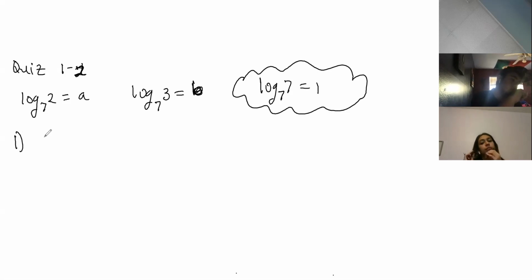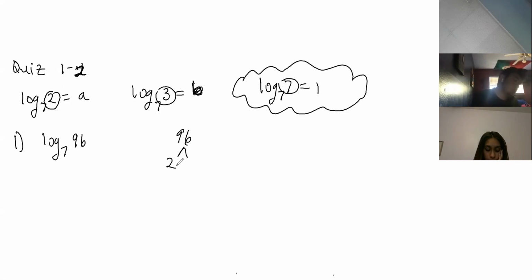So number 1 is log base 7 of 96. What I would do is break the 96 down and see if you can get it to use multiples of 2, 3, and or 7. Since it's even, I'm going to divide by 2. What is 96 divided by 2? 48.